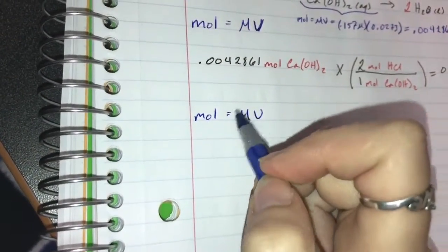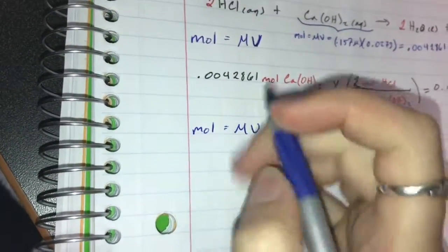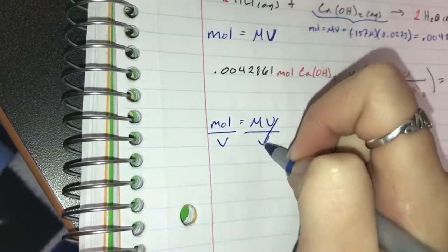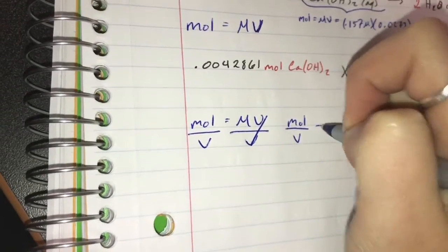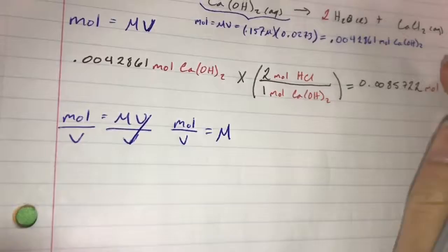However, we're trying to find this one, so we're going to have to make the concentration by itself. So how do we get it by itself? We're going to divide by volume, and we end up with moles divided by volume equals concentration. And that's the equation we're going to use.